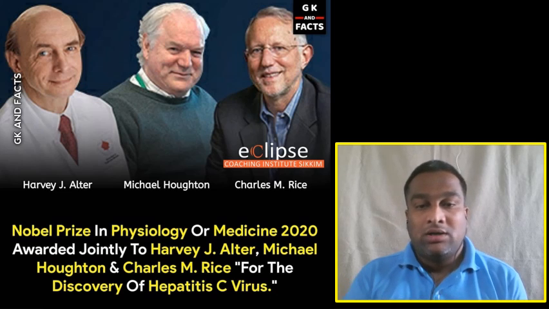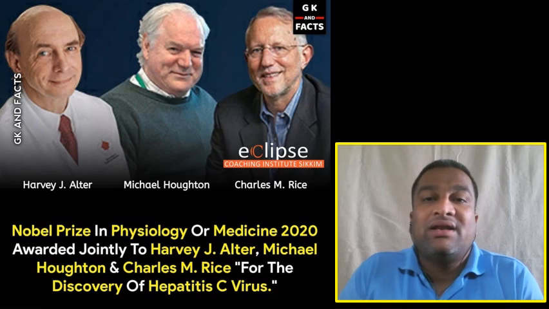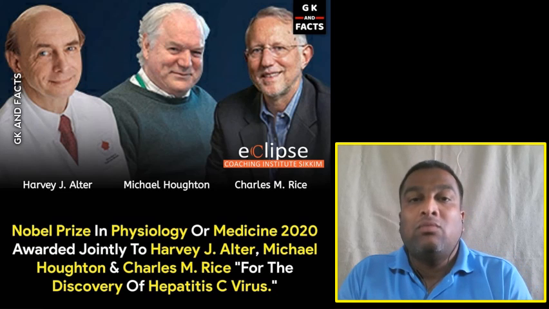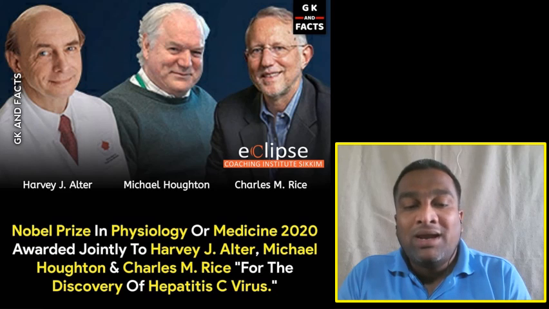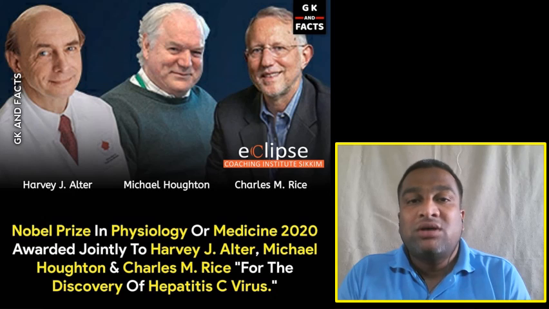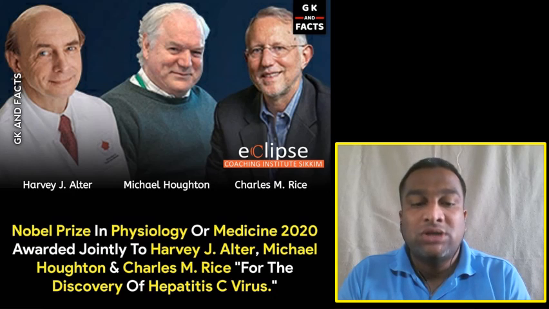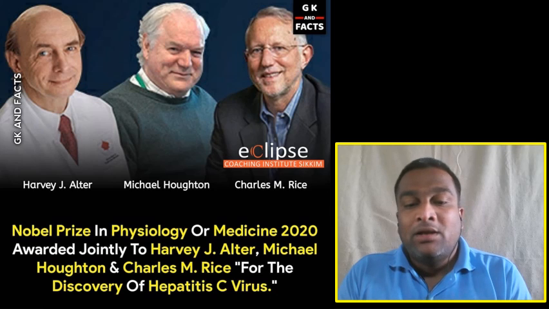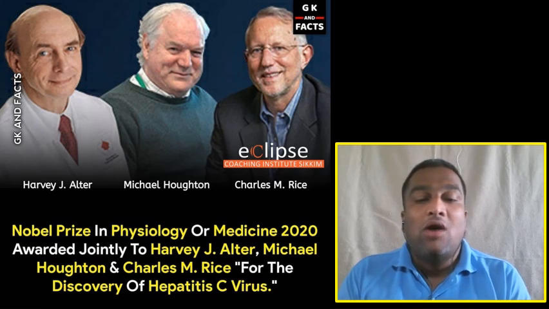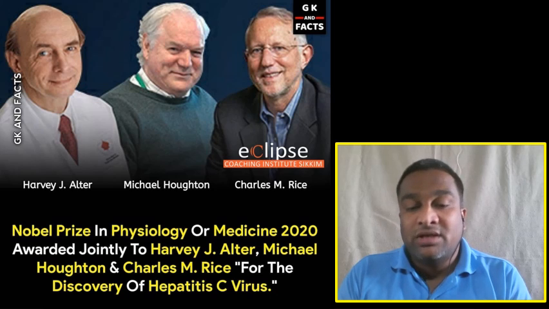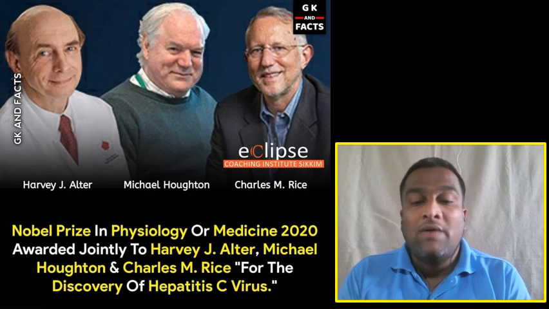So the recent update regarding virology, the virus world, is that the Nobel Prize in medicine this year, 2020, is given to Harvey Alter, Michael Houghton, and Charles Rice for the discovery of the hepatitis C virus.